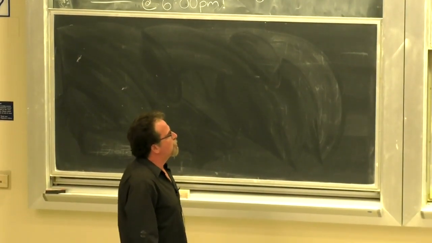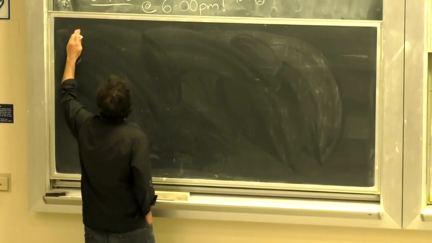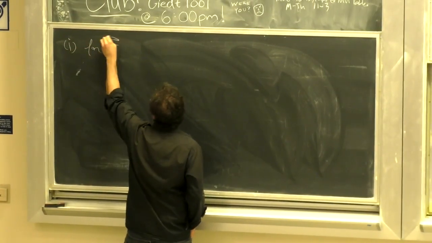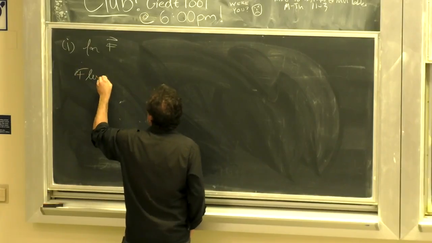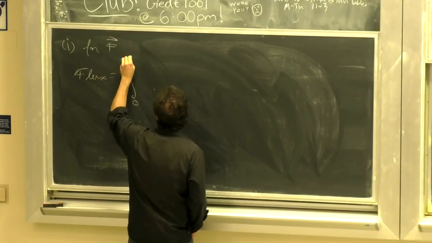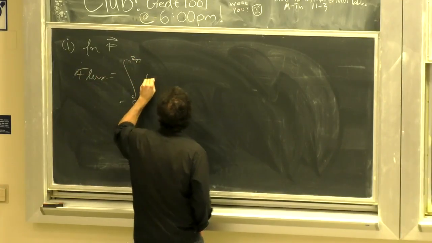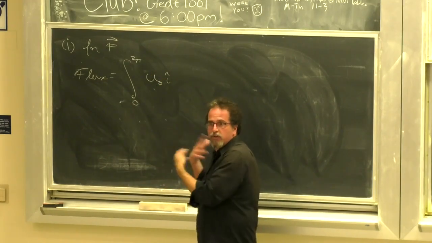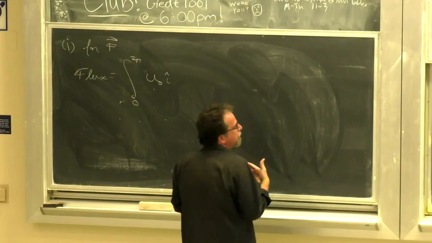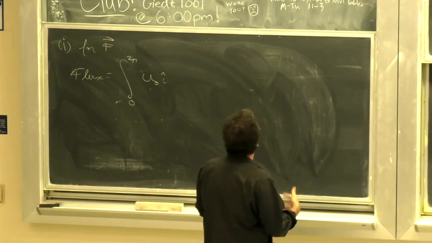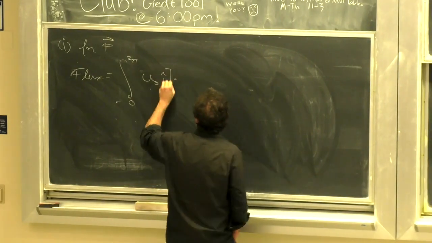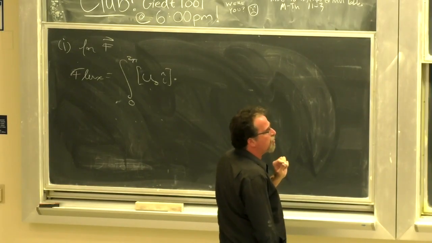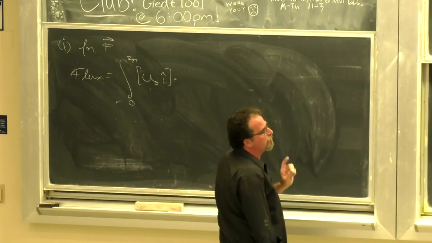So example 1, for F, the flux is equal to the integral from 0 to 2 pi of the vector field u0 i hat, the constant vector field pointing to the right, dotted into the unit normal multiplied by dr dt.